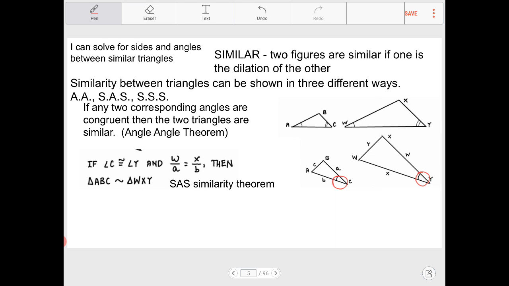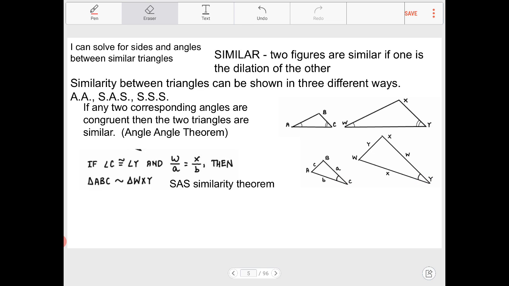So if I have side length W corresponding to side length A is proportional to side length X to side length B, I do not need to know any information about that third side here. I do not need to know anything about whether or not those third sides are proportional, simply because I already have the information about the angle over here.